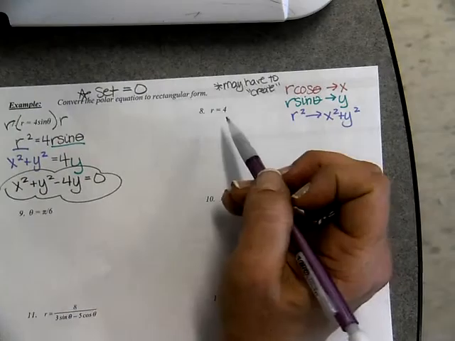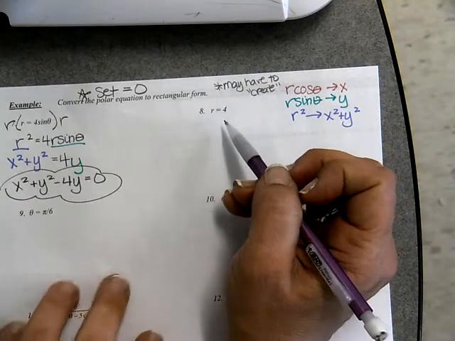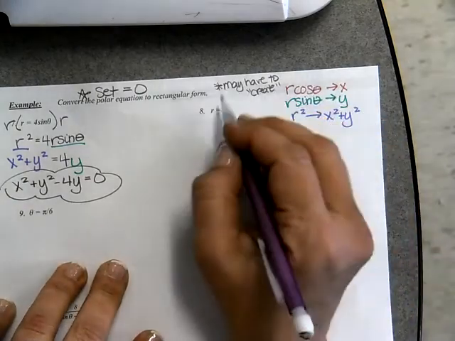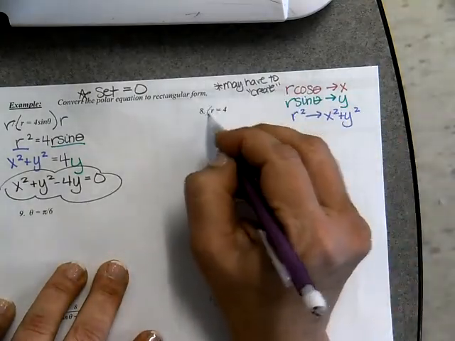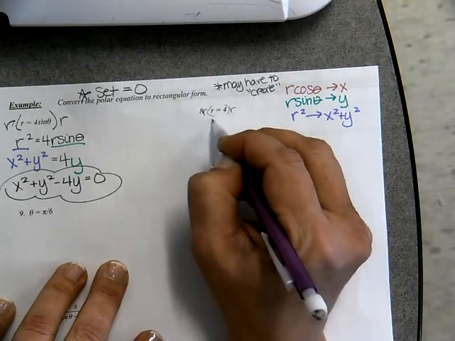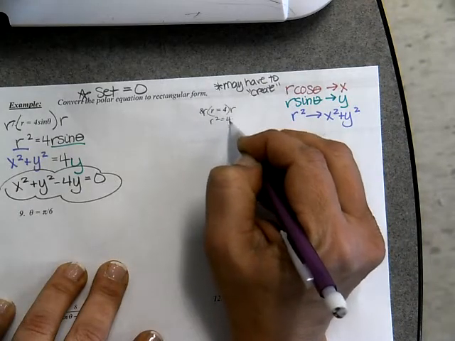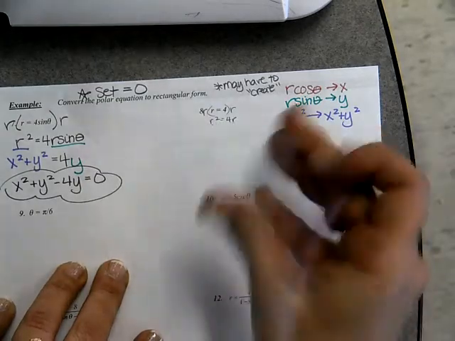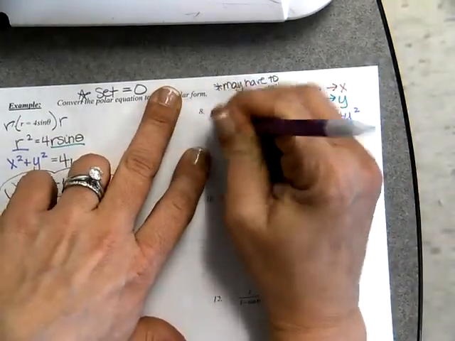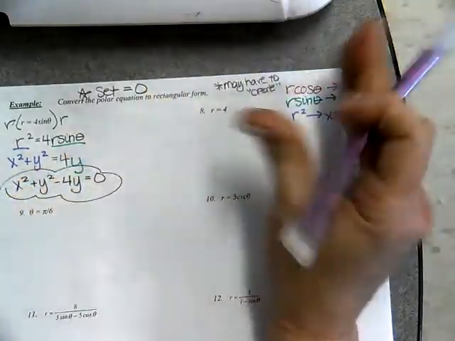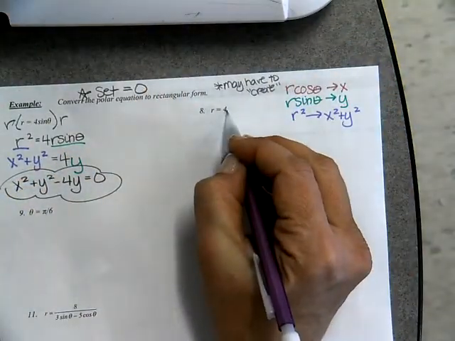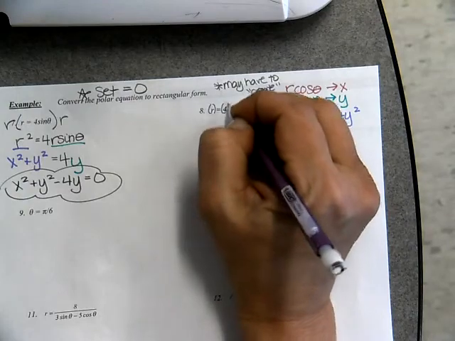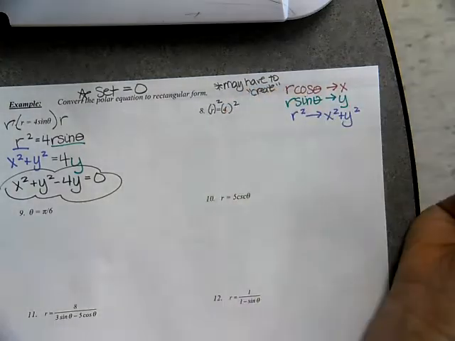Let's look at number 8. In number 8, if we multiplied by r, we would get r squared equals 4r. And I've got something for r squared, but this 4r, I'm kind of stuck. So what we can do instead, because the 4r on this side was problematic, is square both sides.